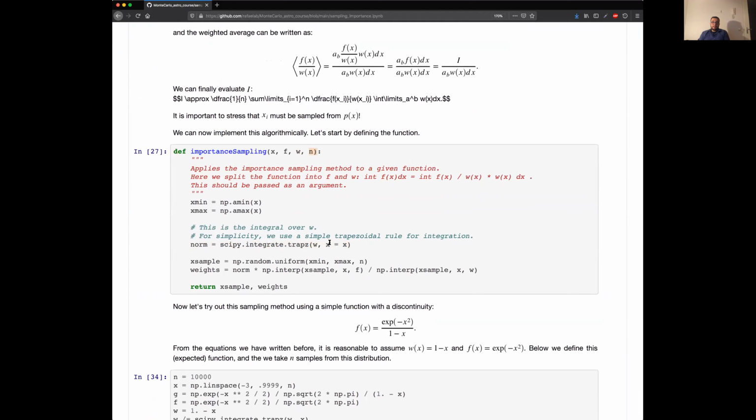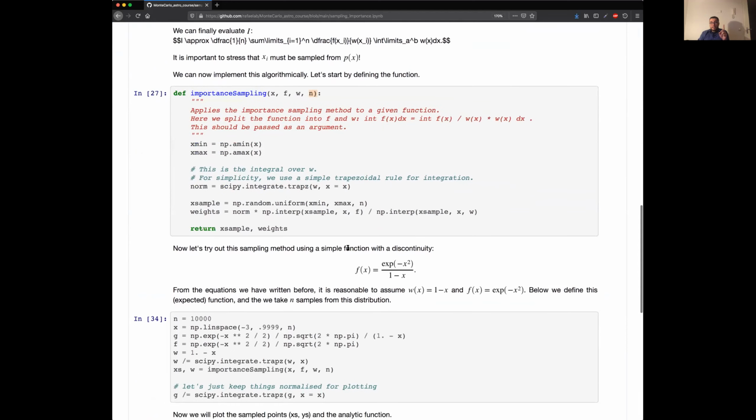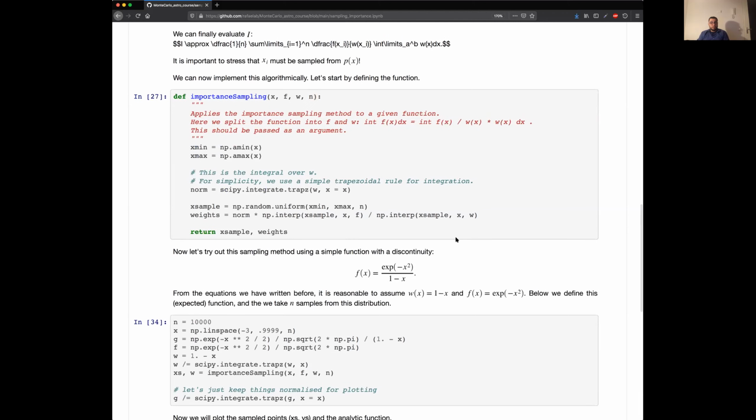We are taking n samples. Now we are not taking a Gaussian to illustrate this example. What we are taking is this function here, which has something like a singularity at one. At one, it diverges. And we are going to sample this function using this routine.